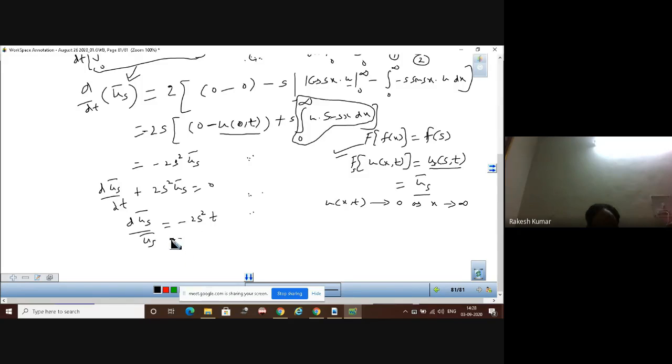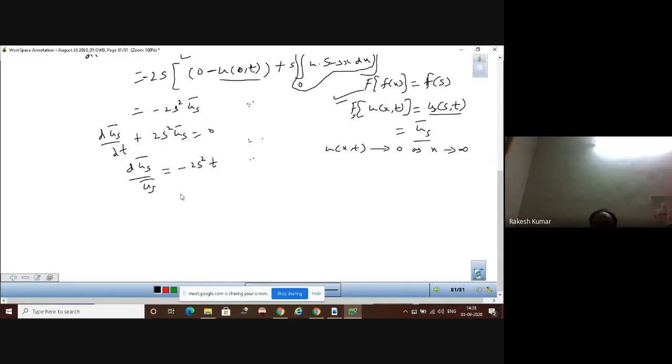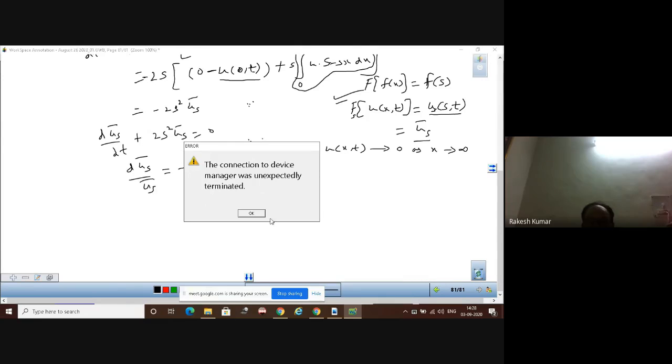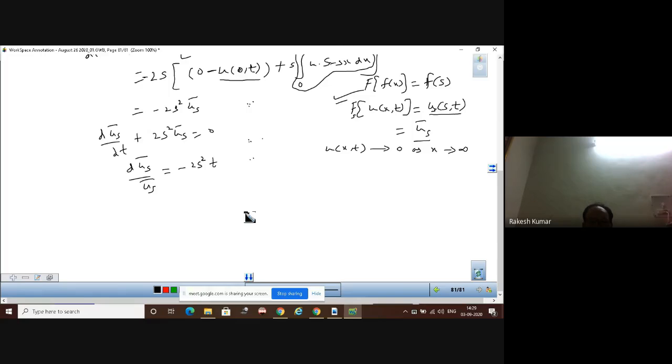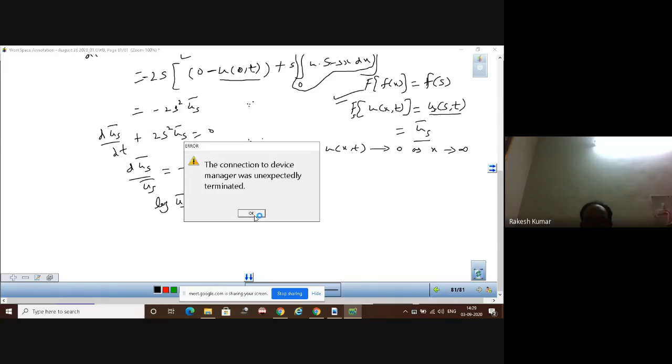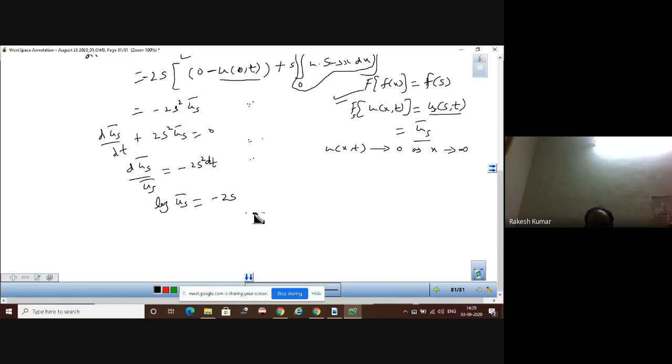So you can integrate it now. Ultimately you will integrate it, and it comes out to be log of u s bar is equal to minus 2s square into t.